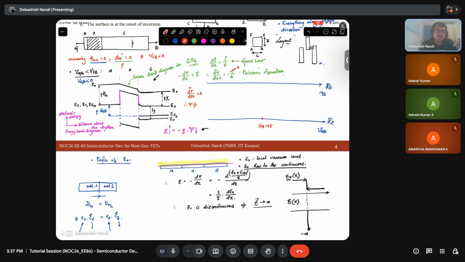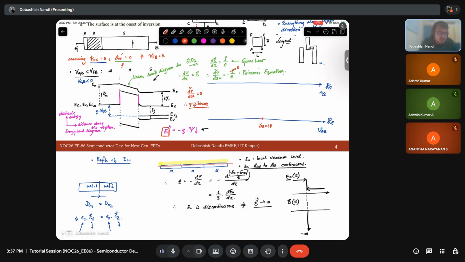If you integrate once, you will get electric field, right? That is constant. If you integrate again, you will get your potential. What do you get if you integrate a constant? You get a linear function, right? That is why your psi is linear, and psi is inversely proportional to, inversely means sign will alter, but it is proportional to your energy.